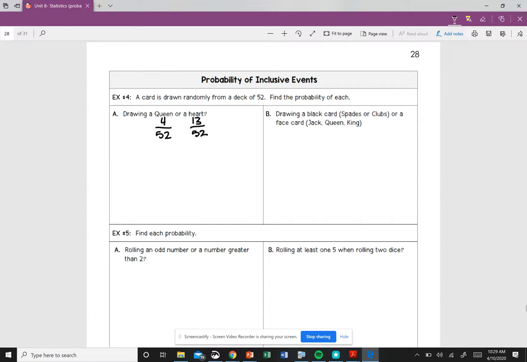But how many of those queens, so this is the probability of queens, this is the probability of hearts, but how many queens are also hearts? There's 1. So we're going to have to subtract the probability of queens and hearts. So that's going to be 1 out of 52 because there's 1 card out of the total 52. So we do 4 plus 13 minus 1.